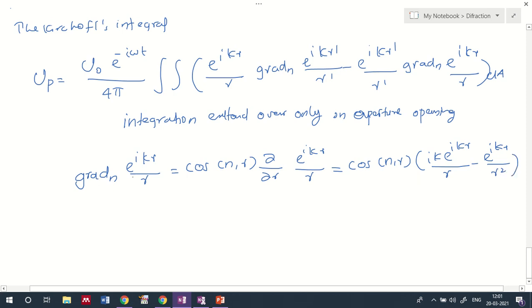So this is the gradient n of e raised to ikr by r, and similarly the gradient n of e raised to ikr dash by r dash.